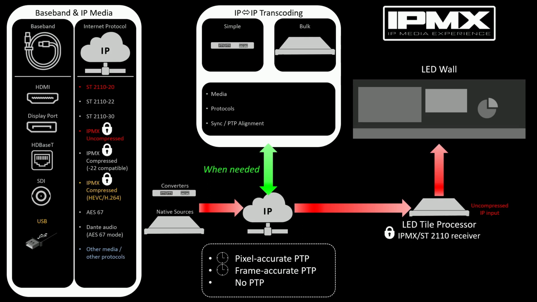Another aspect of IPMX, you see the little key lock here. All of these IPMX sources and the IPMX destination in this picture, that key lock represents an additional aspect that was added to the VSF TR-10 documentation, which is the privacy encryption protocol. So one of the things that IPMX needed to deal with in order to deal with HDCP protected content between brands and between product types, the HDCP key exchange protocol was developed.